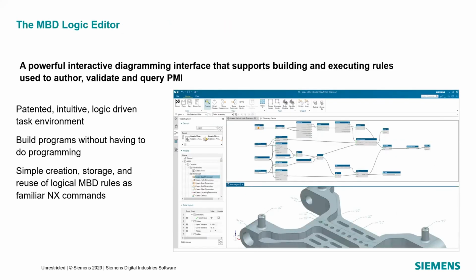And so if we take a look briefly at the logic editor, it is something that you're not having to code, right? You can go in, you can search on the elements that you want. You can see in this particular example, the top part are any of the features that we're looking for. We can find that, drag that into the screen, so drag and drop.